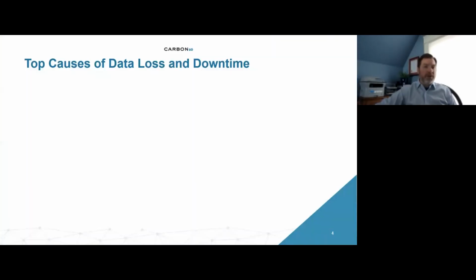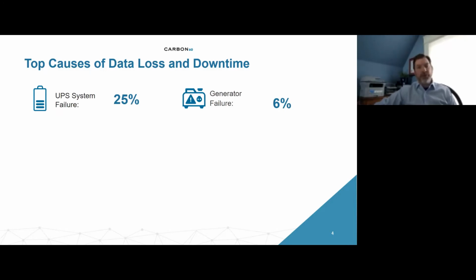So when we look today at what we consider the top causes of data loss and downtime, the first one I often refer to as just power. If you look here, 25% UPS system failure, 6% generator failure. I've seen many of these in my career, and they're often an unplanned outage. An example I'll use all the time is with generators running data centers, transfer switch failures.